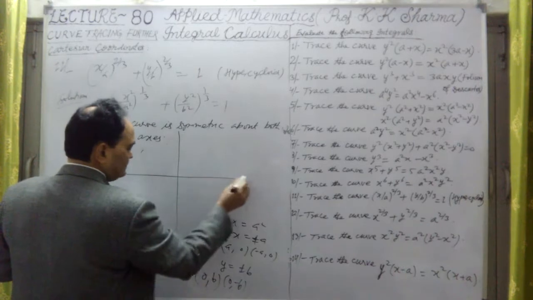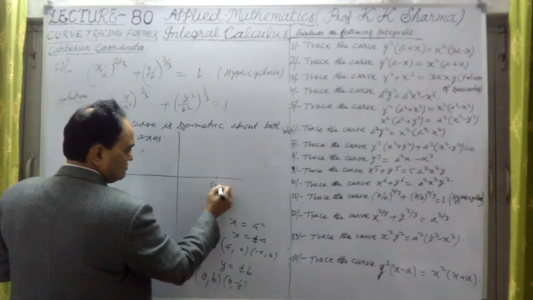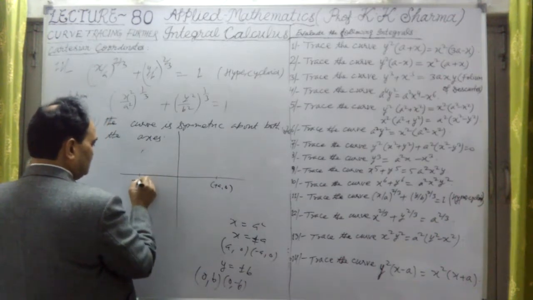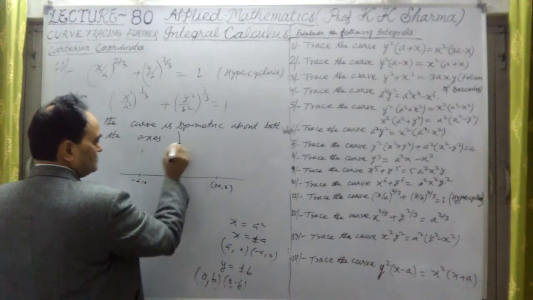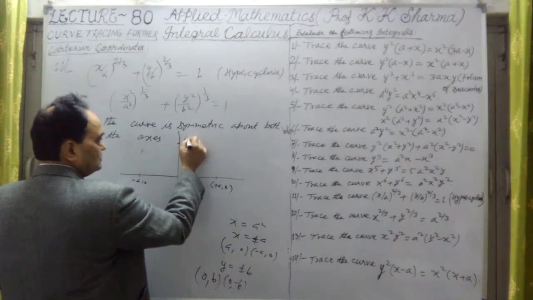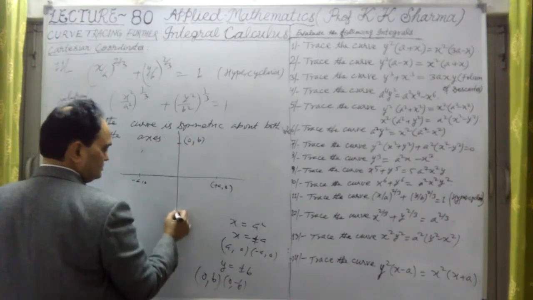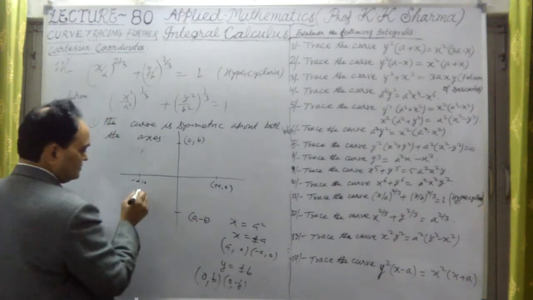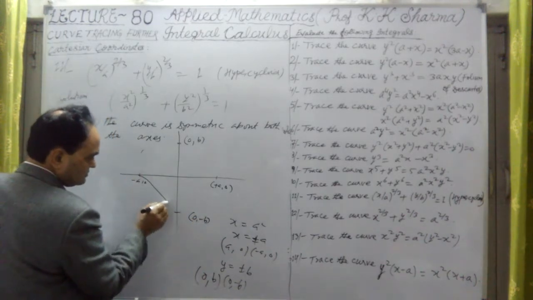The points on the axis are (a, 0) and (-a, 0), and here (0, b) and (0, -b). So we can say like this.